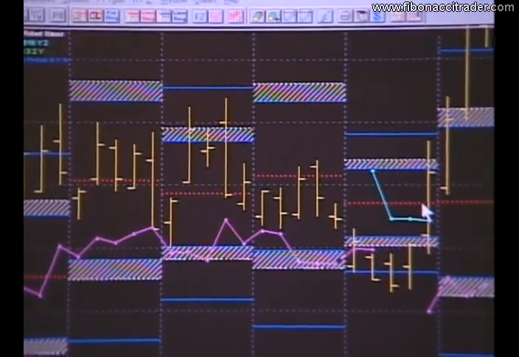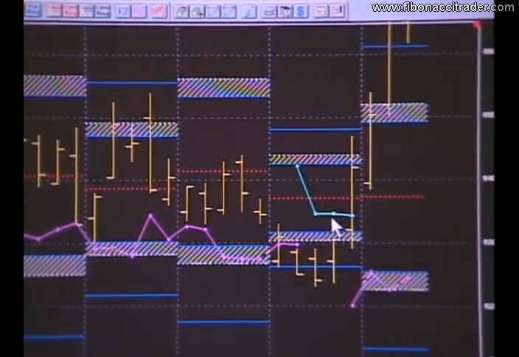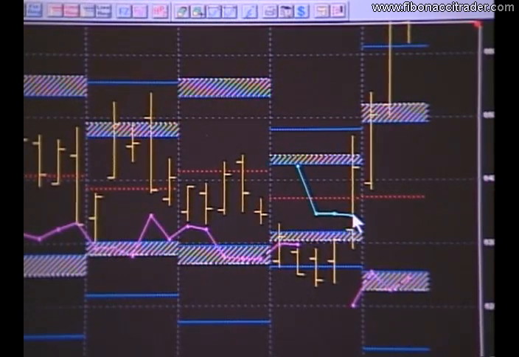But the moment it started climbing back above the volatility direction line, it's impossible for me to be anything else but long on the close above this guy, on this day.